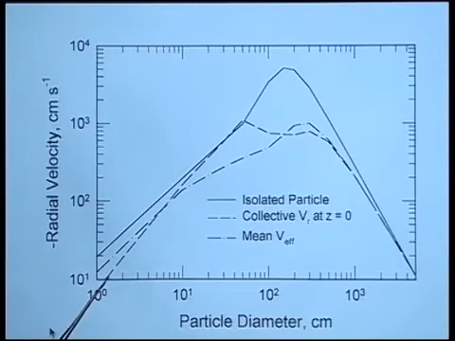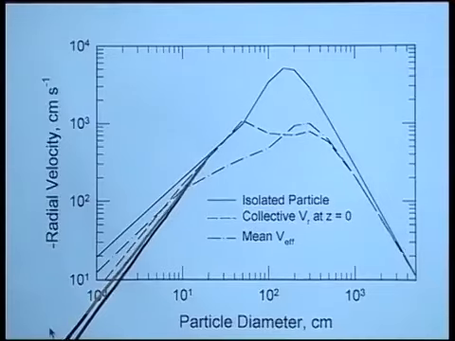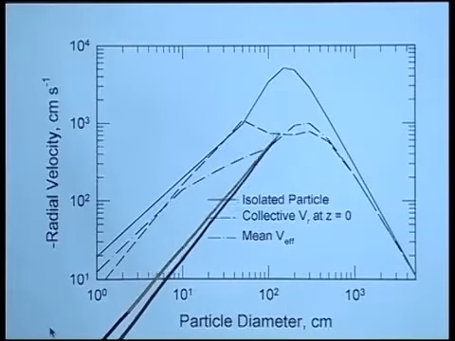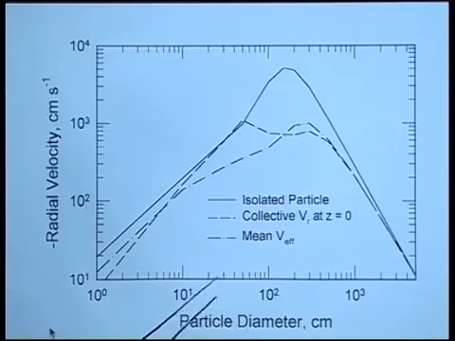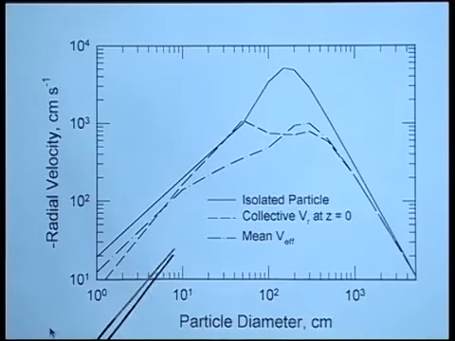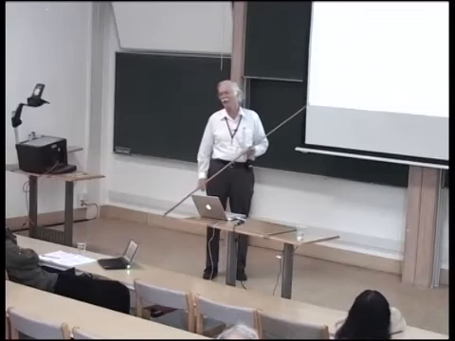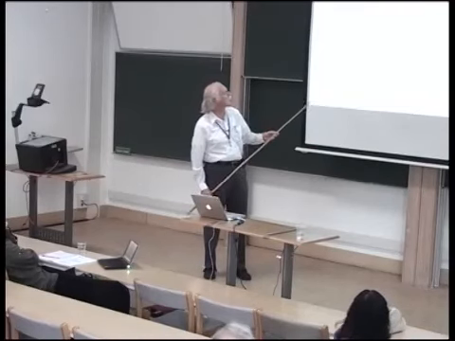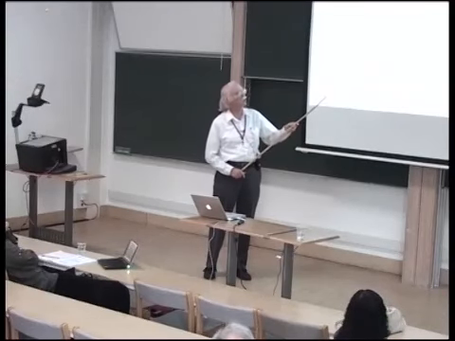One is the collective velocity, that is the velocity of an individual particle located right there in the central plane at z equals 0 as a function of the size of the particles. Again, at each size here we have only a single size of particle. This dashed line is the mean effective velocity. That's integrated over all values of z, mass weighted. So this is basically the mass flux divided by the surface density.